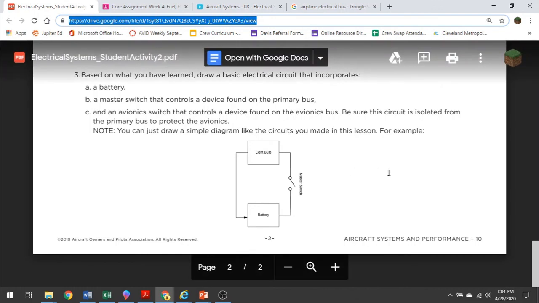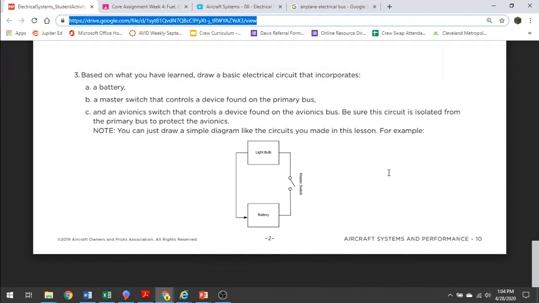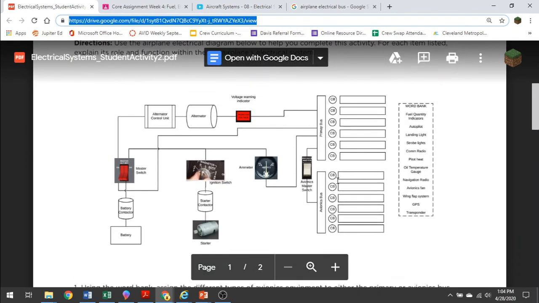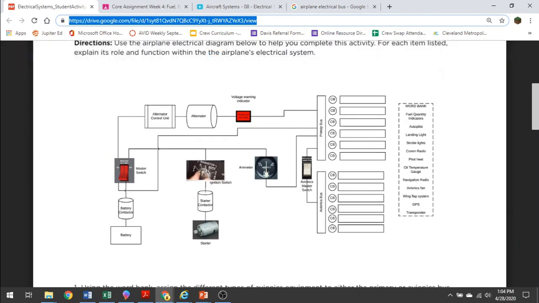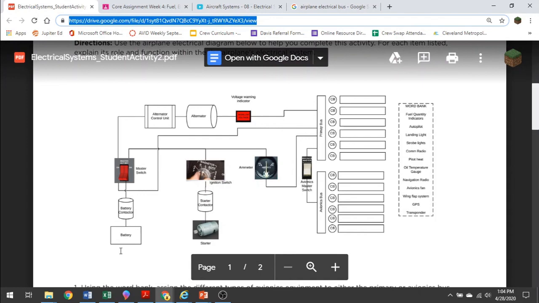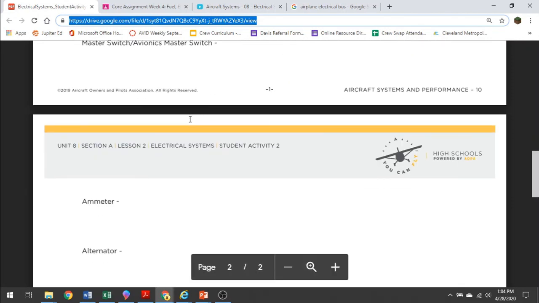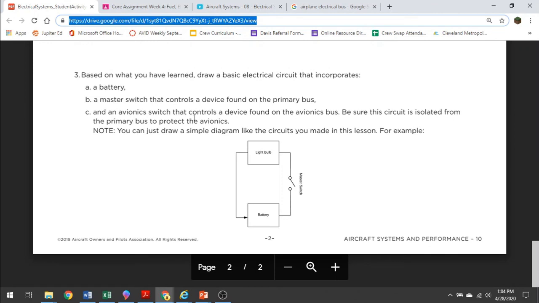I don't particularly care how you go about doing that, but it's not going to look exactly like this because this does not show anything coming back to the battery and the alternator. Just give this your best try, number 3, and that'll be totally fine.